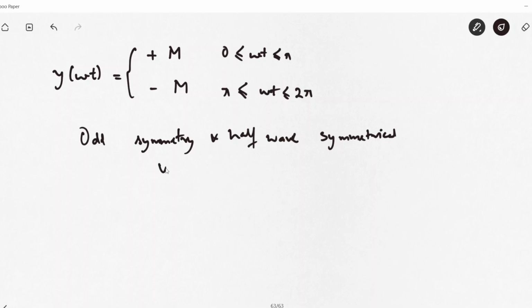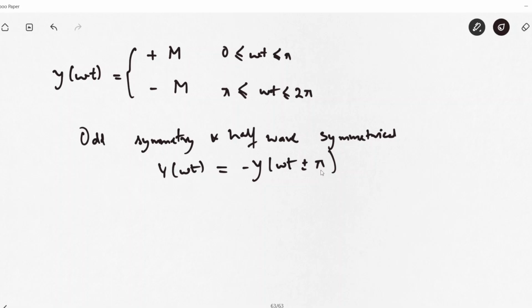That means y of omega t is equal to minus y of omega t plus or minus pi. So if you look beyond plus pi, y changed from plus m to minus m, therefore it is an odd function, as well as it is symmetrical around the half wave, not around the quarter wave.